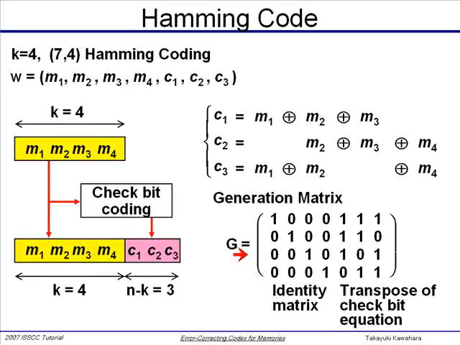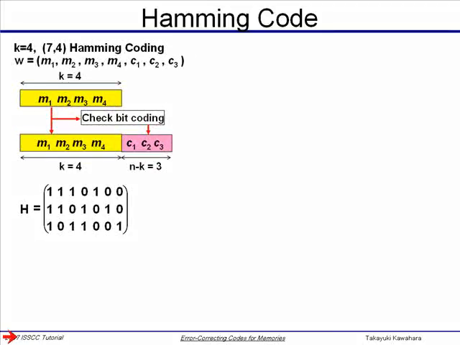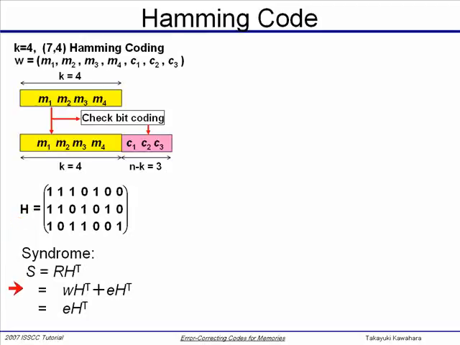Okay. So the Hamming code as a check bit coding creates 3 bits. The check bit matrix is here, and we can calculate the syndrome. The syndrome is such a thing, so we can create the error bit.